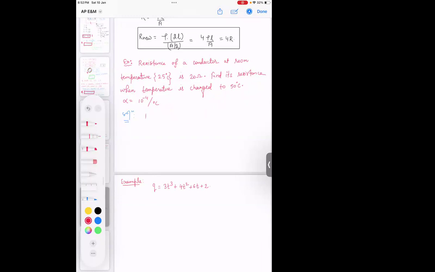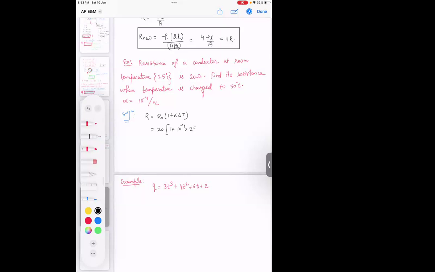Resistance at higher temperature will be equal to R naught into 1 plus alpha delta T. Initially, what is the resistance? 20 ohm. 1 plus alpha, which is 10 to the power minus 4, into delta T. The temperature changes from 25 to 50 degrees Celsius.